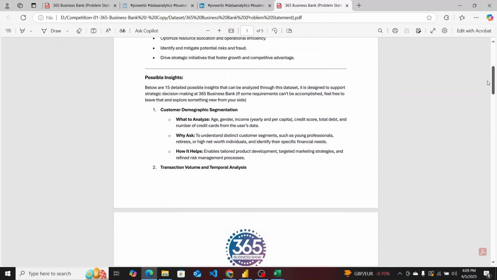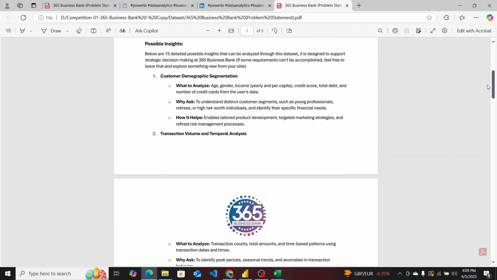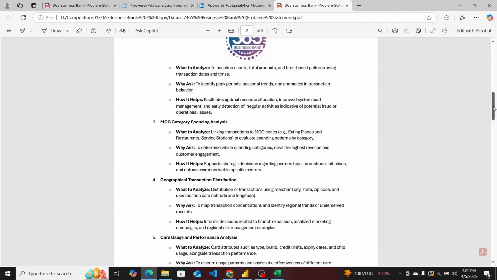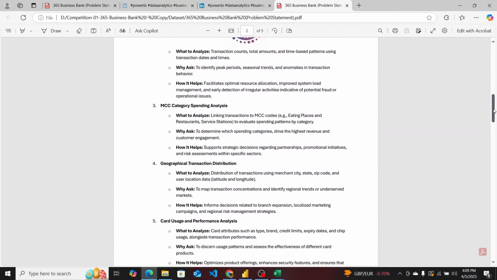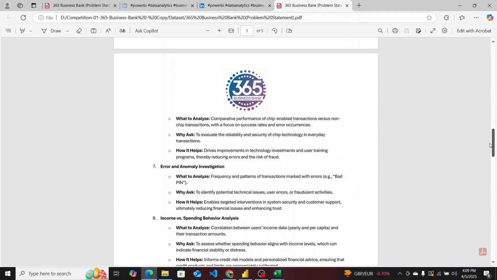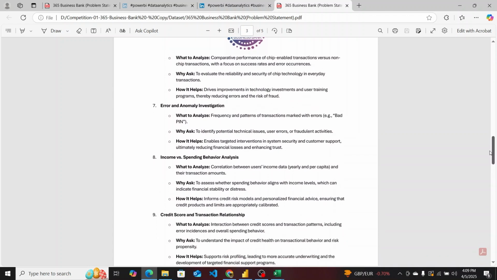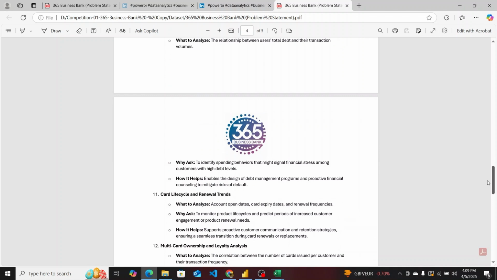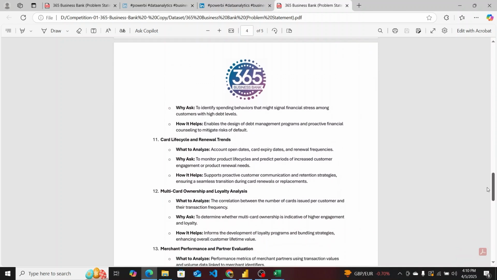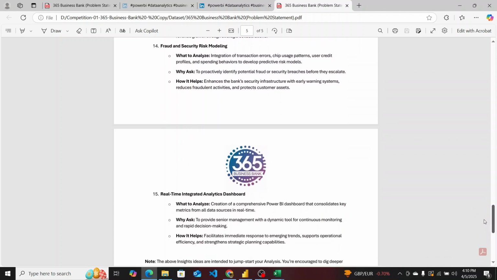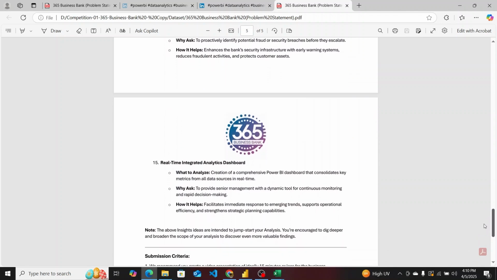Basically, they want insights in these areas: customer demographic segmentation, transaction volume and temporal analysis, MCC category spending analysis, geographical and transaction distribution, card usage and performance analysis, chip transaction effectiveness, error anomalies investigation, income versus spending behavior analysis, credit score and transaction relationship, debt burden and spending patterns, card life cycle and renewal trend, multi-card ownership and loyalty analysis, merchant performance and partner evaluation, fraud and security risk monitoring, and real-time integration analytics dashboard.